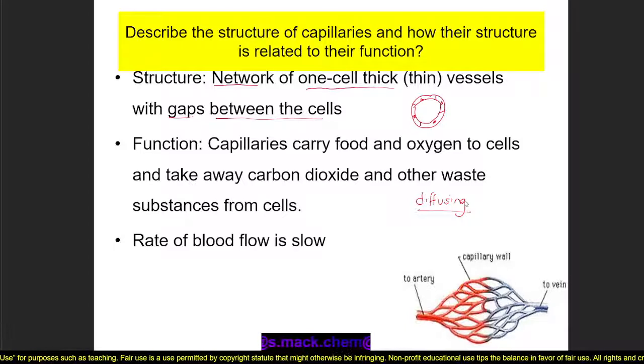The function is that capillaries transport substances: nutrients, oxygen, carbon dioxide, and waste materials. One more point to note is that while blood flows through capillaries, this blood flow has to be slow enough to allow this movement of substances across the capillary wall. On this slide, I expect you to take down the structure, the function, and that little note about the rate of blood flow.